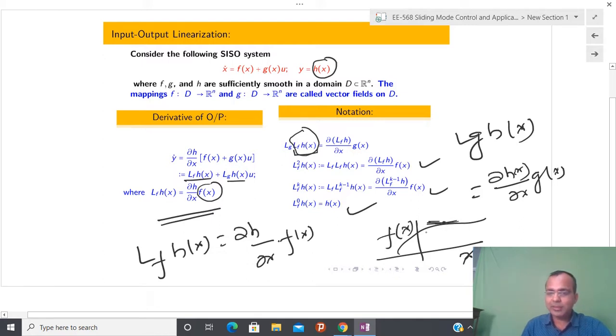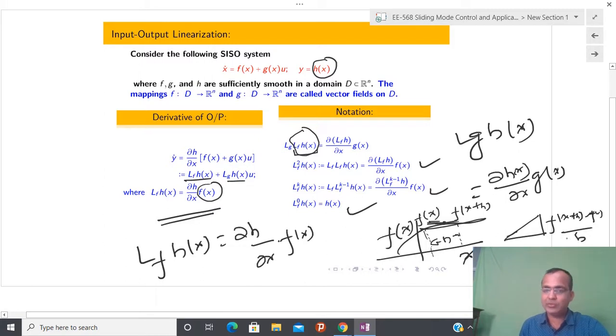If I draw some proper shape, here also that is possible. What you are basically doing is seeing the value here and the value here, and h you are putting, and this value is suppose f(x), then this is f(x+h), and after that we are doing f(x+h) minus f(x) by h, and then you take the limit h tending towards 0.